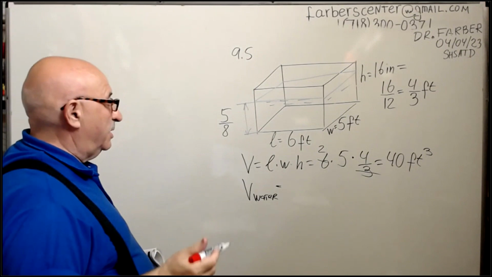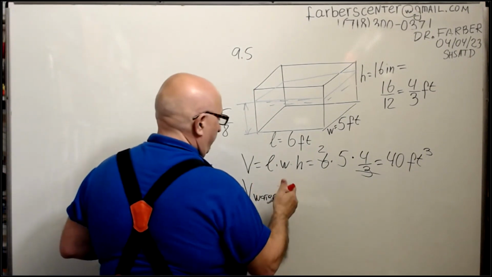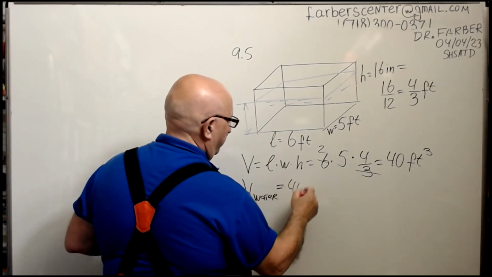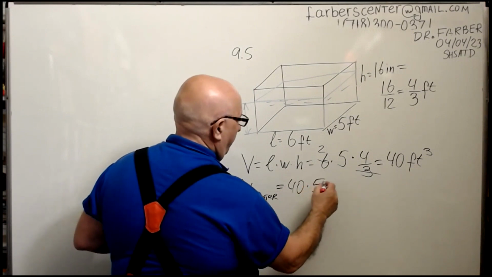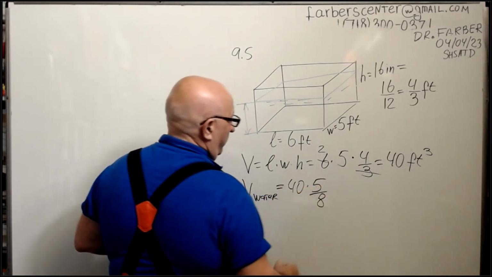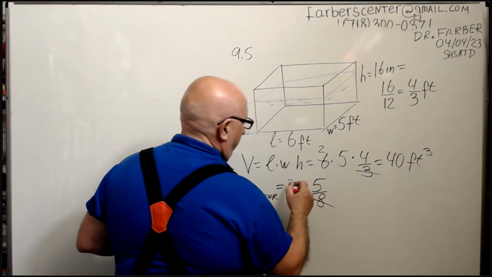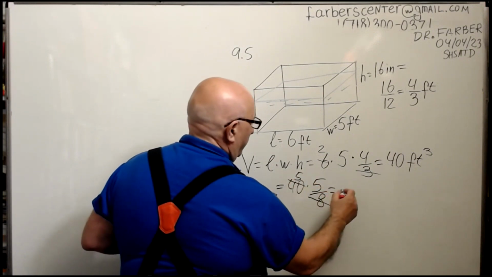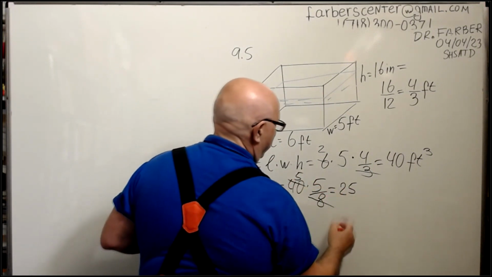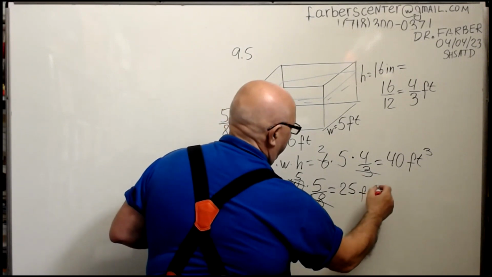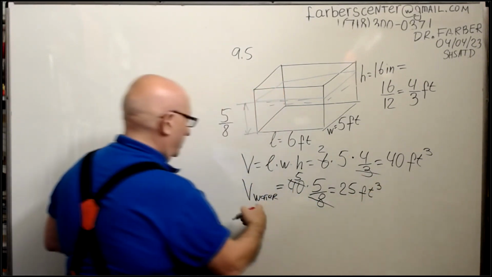Of means multiplication. Take this 40, multiply by 5 over 8. 8 goes into 40 5 times. And I have 25 cubic feet of water. This is water, 25.